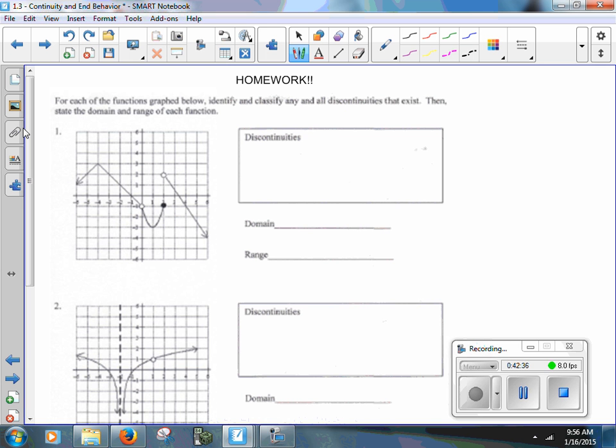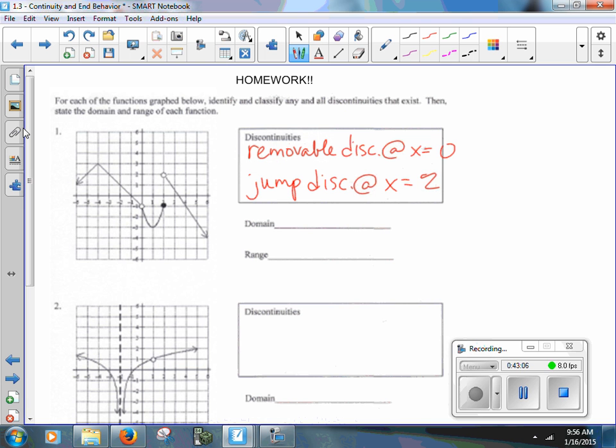What kind of discontinuity does it have right here when X is 0? Okay, so you're going to put removable disc at X equals 0. And then, what's the other one? Jump disc at X equals what, y'all? C. And then you got domain and range.